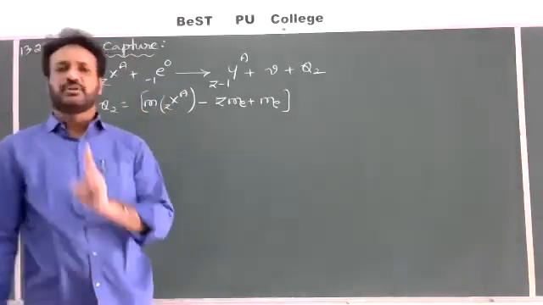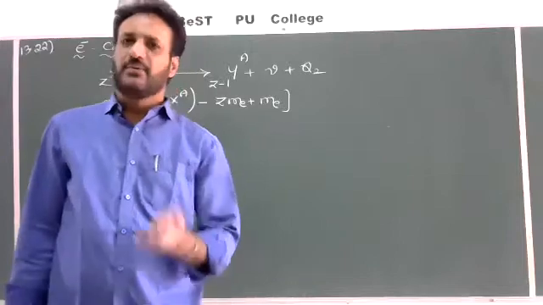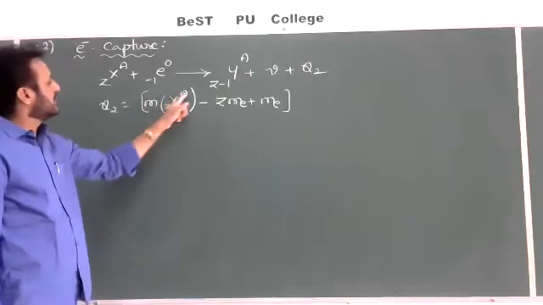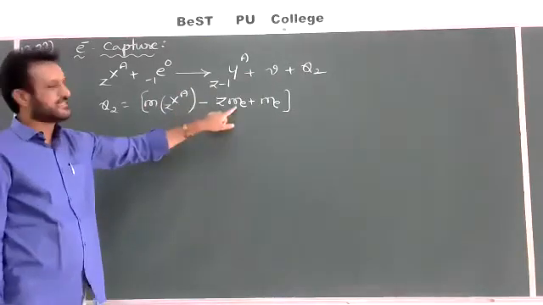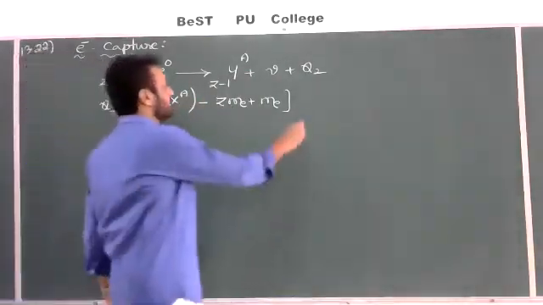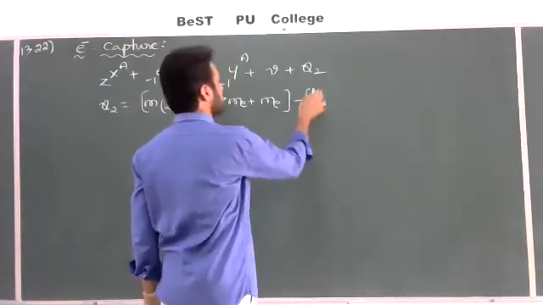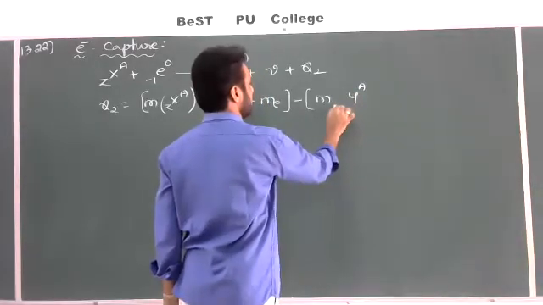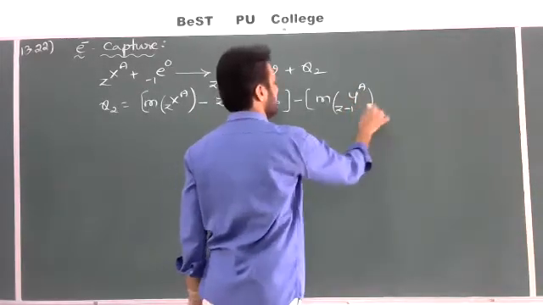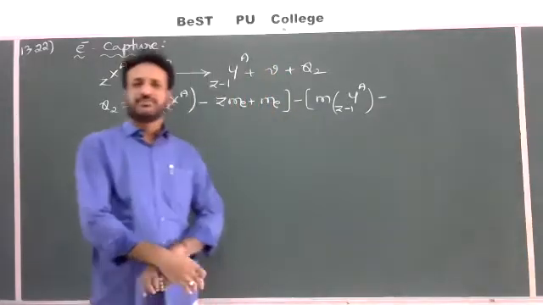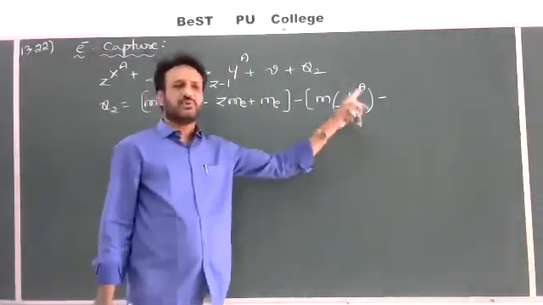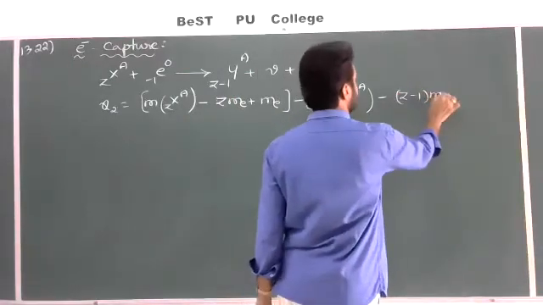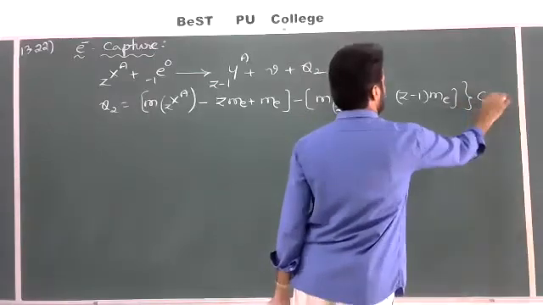There are two reactants, one is XZA, one is the electron. Here the mass of the electron is Me and the mass of this atom is M of XZA, but we subtracted Z electrons from this one, minus mass of the products. There is only one product, M of Y Z minus 1 A. But here also how many electrons do we have to remove? Z minus 1 electrons we have to subtract. That is equal to Z minus 1 into Me into c square.